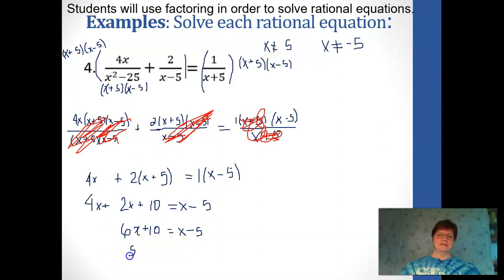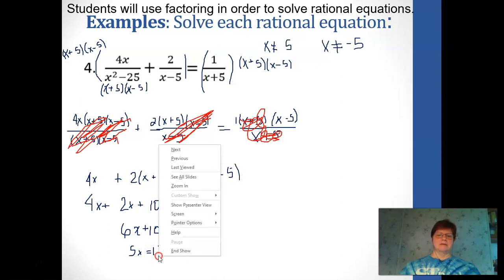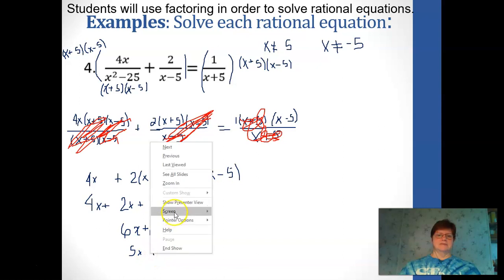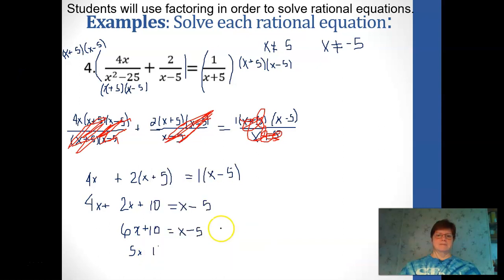So we have 5x equals... I'm sorry, 5x plus 10 equals negative 5. Then we'd subtract the 10, so we'd have 5x equals negative 15.